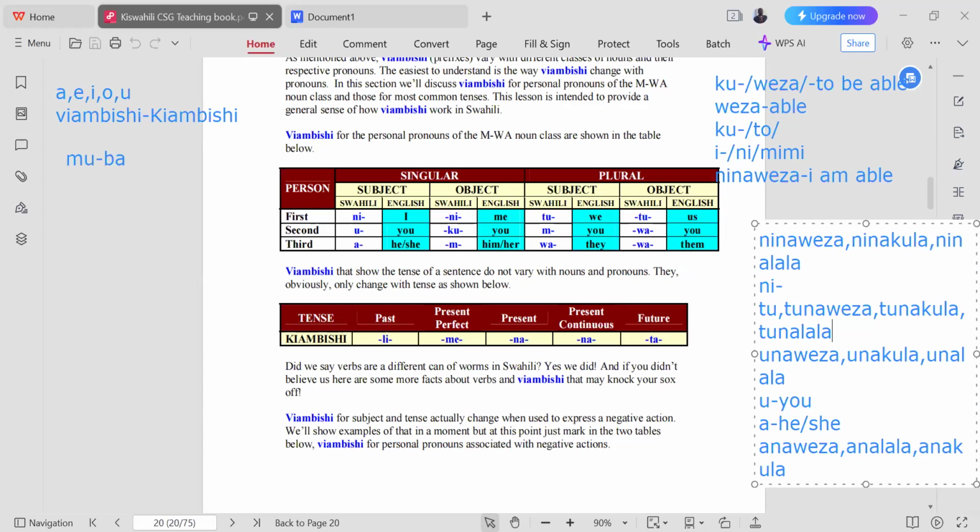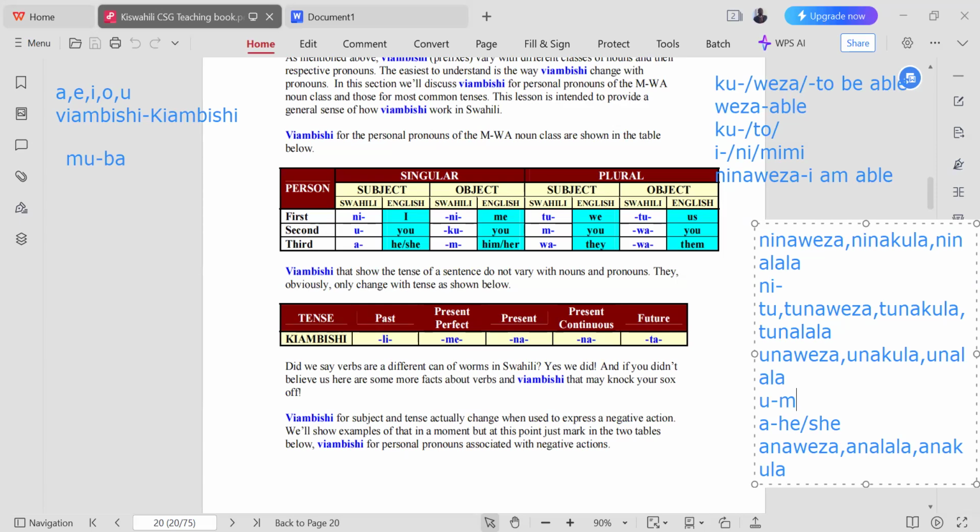Wanalala, they are sleeping. That will be the third person pronoun. So let's get to the second person pronoun in the plural, which was u. You remember when we say u? In its plural, as a prefix, it will be replaced by m. So anywhere where there was u, it will be m. In a proper sentence, you'll say mnakula, you don't put the u.